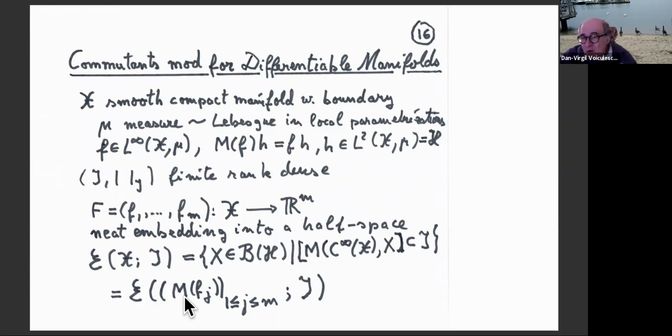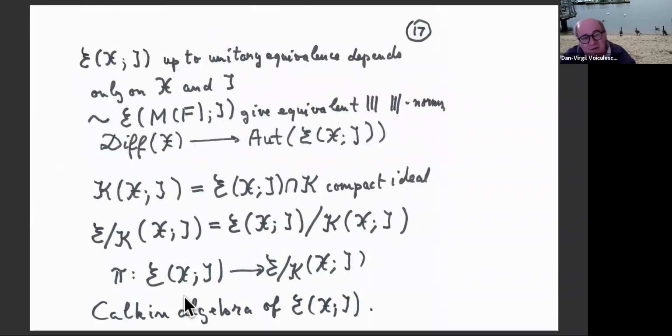So it becomes an object which is attached to a manifold, this compact manifold X, and the ideal I. This algebra, up to unitary equivalence, depends only on X and on I, and if I change the embeddings, I'm getting equivalent norms.